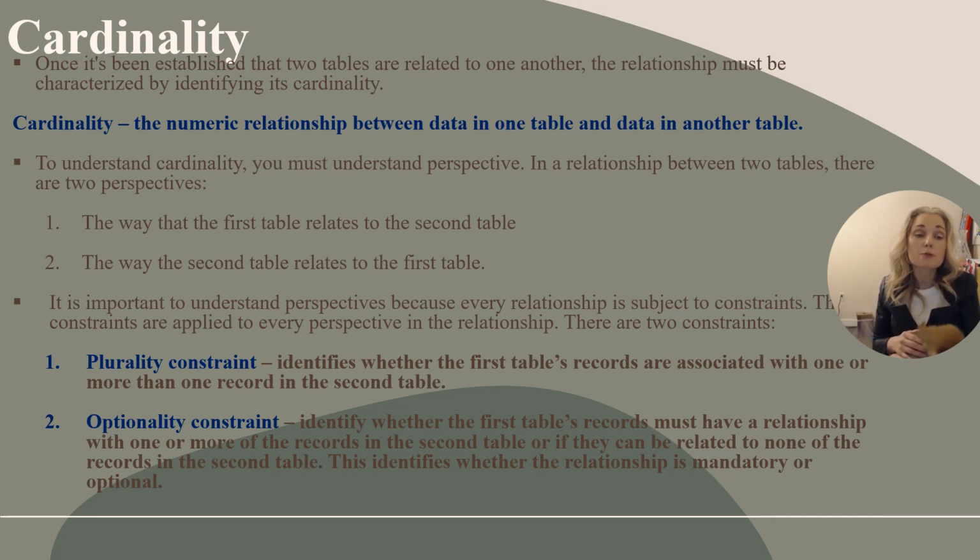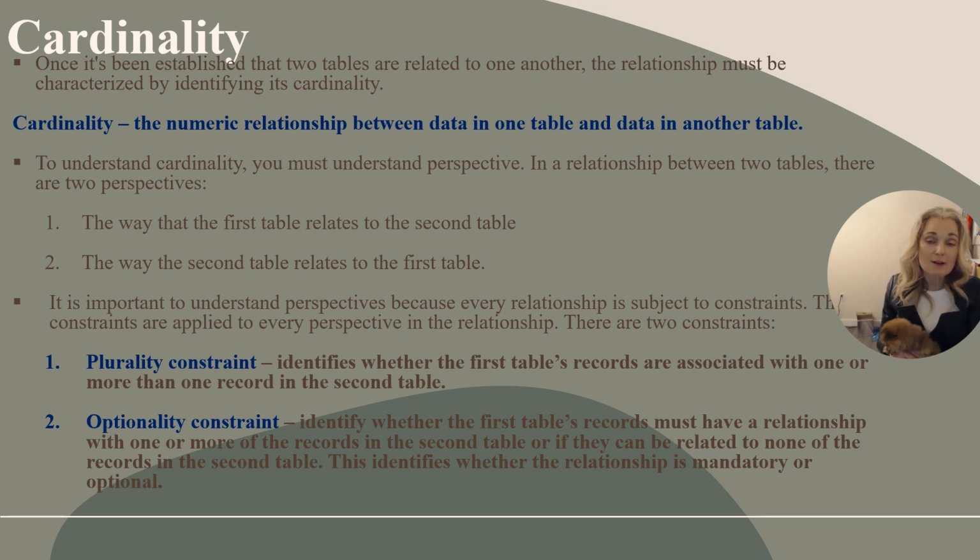You have a plurality constraint, and this identifies whether the table's records are associated with one or more than one record in the second table. An optionality constraint, which identifies whether the first table's records must have a relationship with one or more of the records in the second table, or if they can be related to none of the records in the second table.